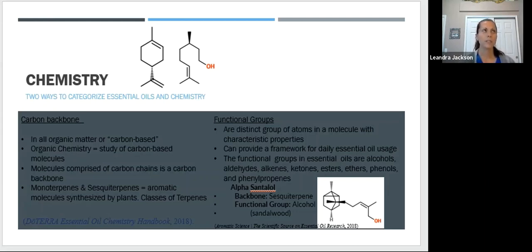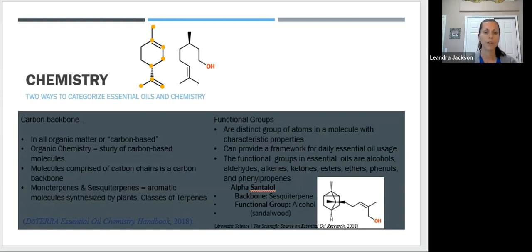There are believed to be over 2,000 varieties of monoterpenes, each having unique biologic activity. So this is what we talk about when we say the 9-carbon, 10-carbon chain. Each end is a carbon attachment.